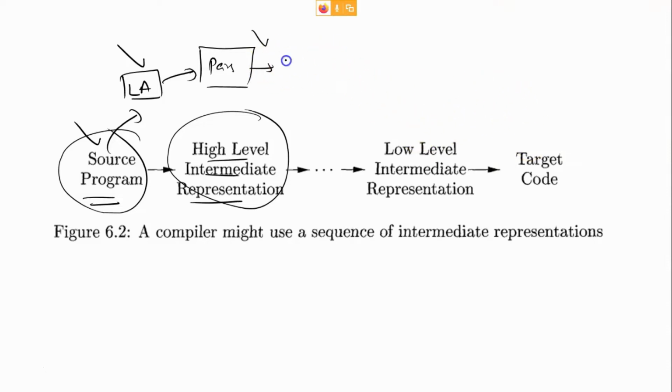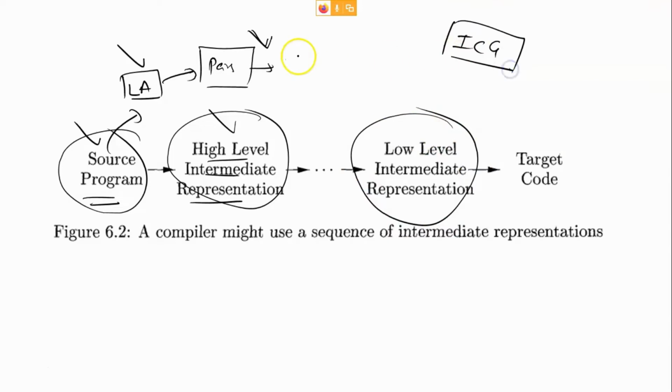So now here the parser creates the syntax tree. That syntax tree itself is an intermediate representation. After that, we have intermediate code generation. After the syntax analysis, this is the next stage, semantic analysis. After this semantic analysis, we have the phase intermediate code generation.